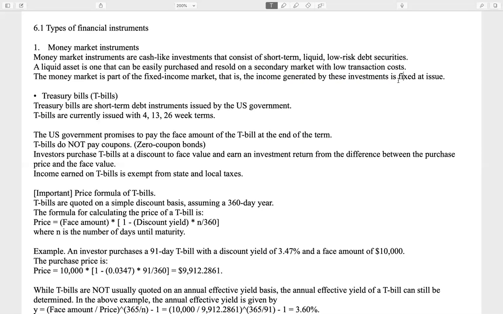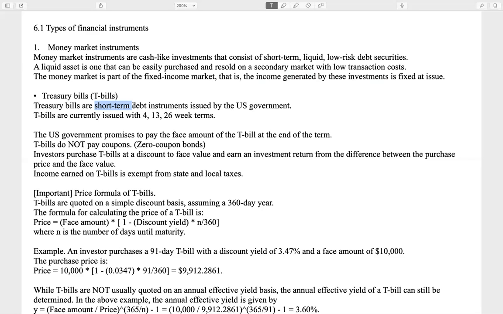Treasury Bills are short-term debt instruments issued by the U.S. government. Of course, all governments issue their own short-term debt instruments. For instance, the Canadian government also issues its Treasury Bills, maybe they don't call it that way. Of course, it's going to be in Canadian dollars and backed by the Canadian government, right?